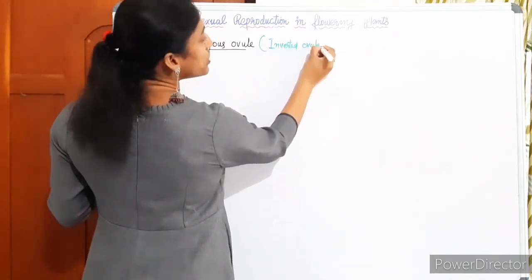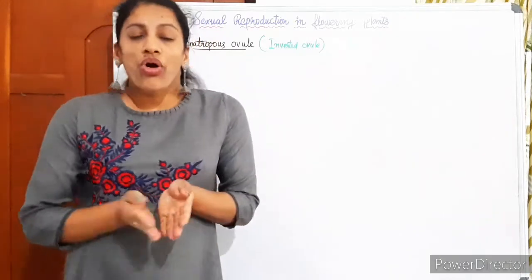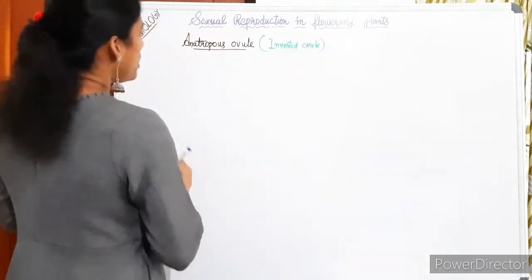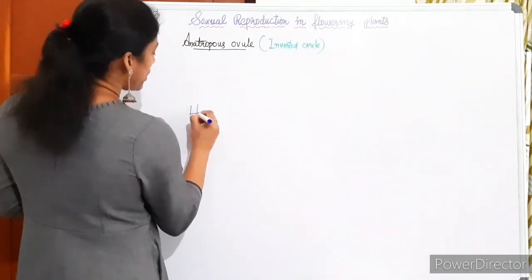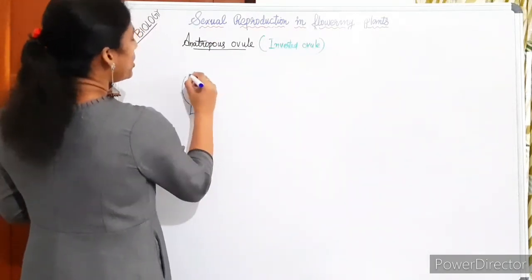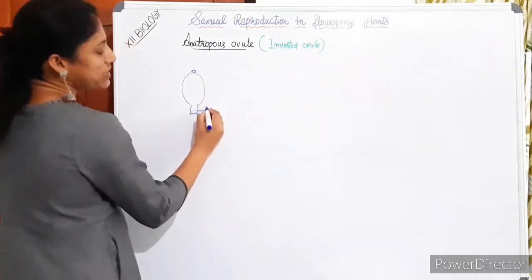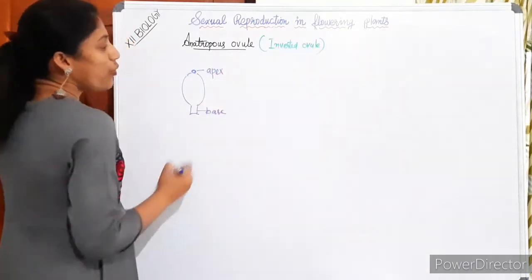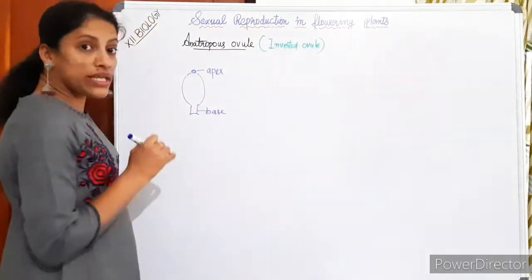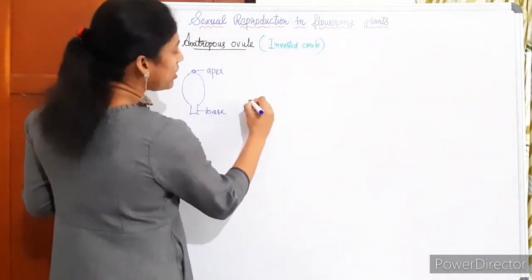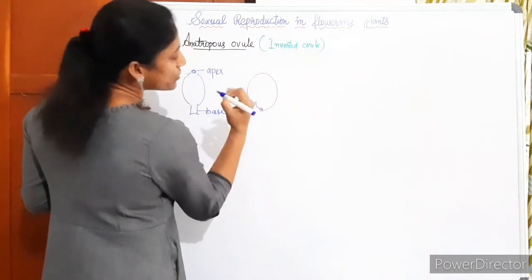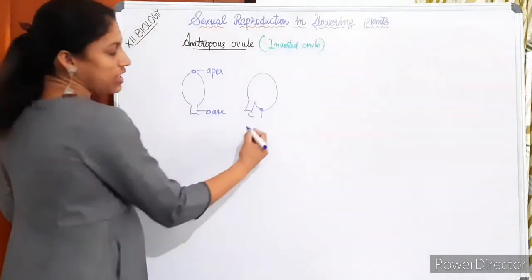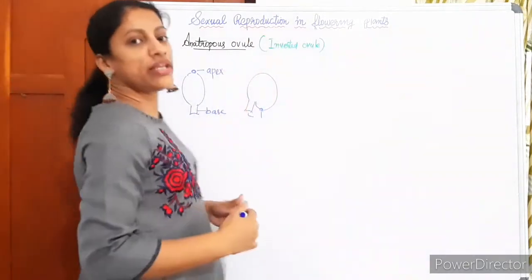An orthotropous ovule means a straight ovule, just for comparison. In an orthotropous ovule, the base is here and the apex is there, the normal concept. Whereas in an anatropous ovule it is inverted: because of the bending, the base and apex are on the same side. Then it is called inverted.